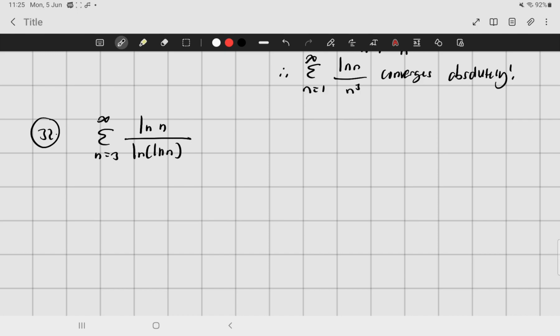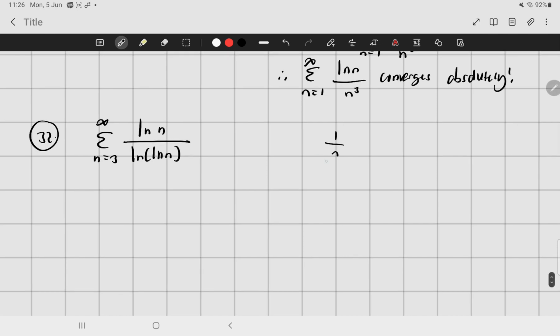I know it's wrong to do this, because the proper way is to define a function, differentiate, and then claim that both of them have the same behavior, therefore the same limit value. I don't want to waste my time creating all the work, because with the nth term test the tough thing is if it's equal to 0, then it doesn't work.